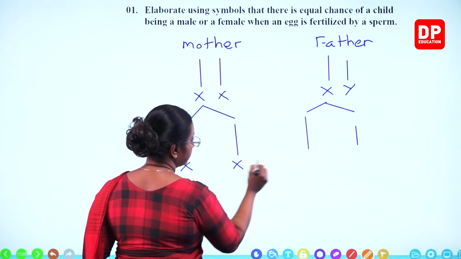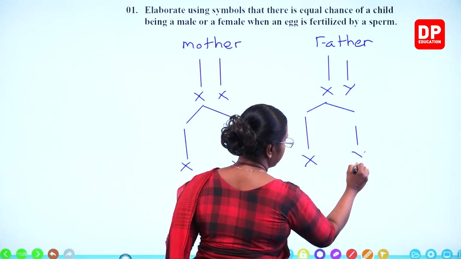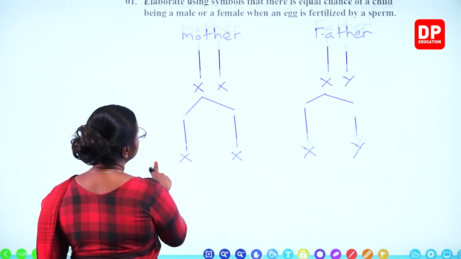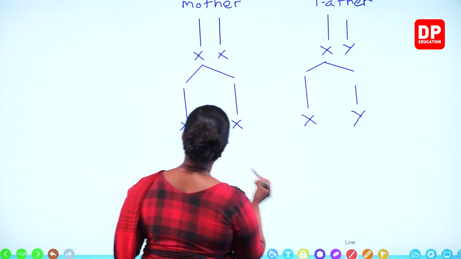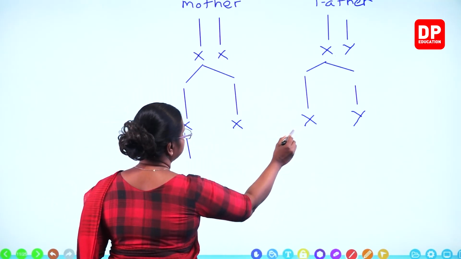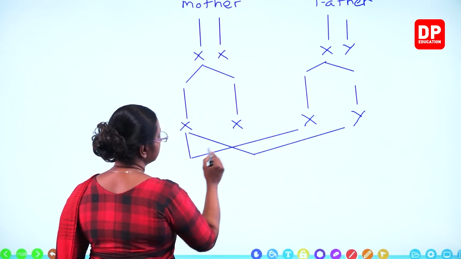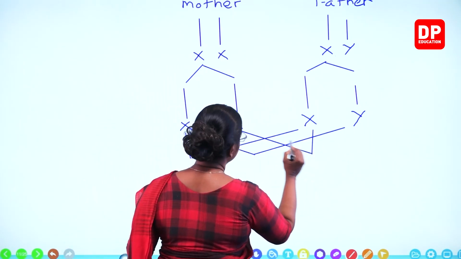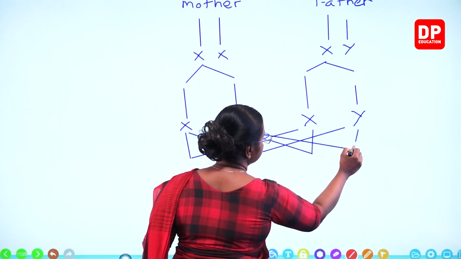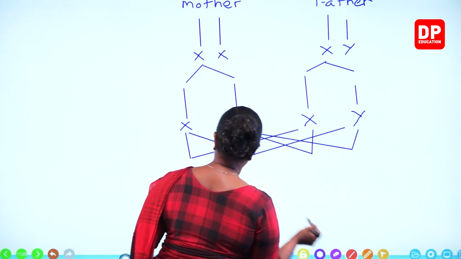X, X, one is X, the other one is Y. So when they combined, the first egg with the first sperm, and the second egg with the second sperm.